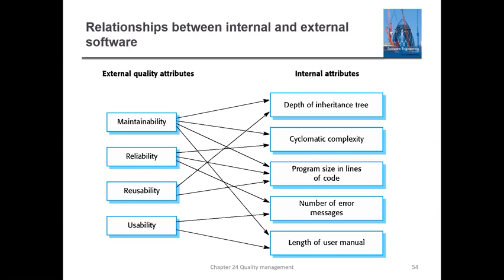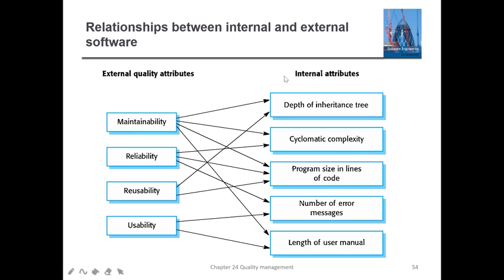So there will be a very normal relationship between your external quality and internal attributes. These internal attributes include the depth of inheritance tree, complexity, and lines of code, which depends upon the program size, as well as the number of error messages or the length of the user manual, whatever has been given by your ISO standards.